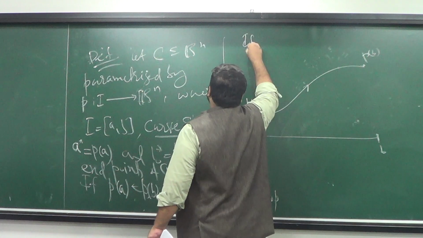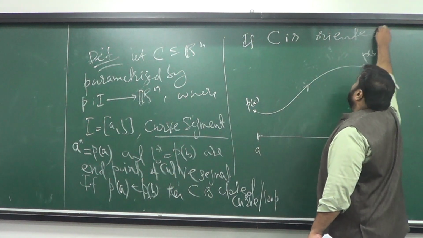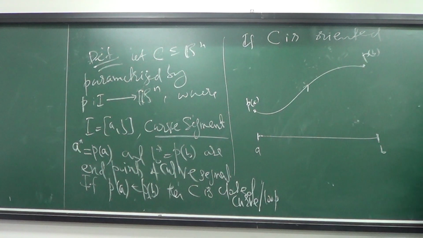Moreover, if C is oriented, what do we mean by oriented? That every phi that reparameterizes it must be an increasing map.